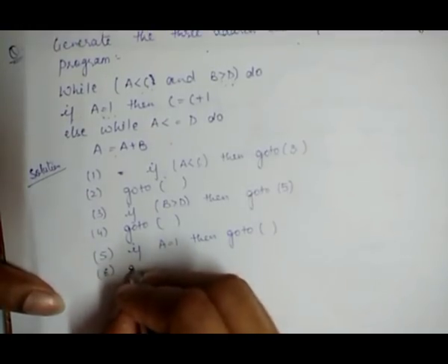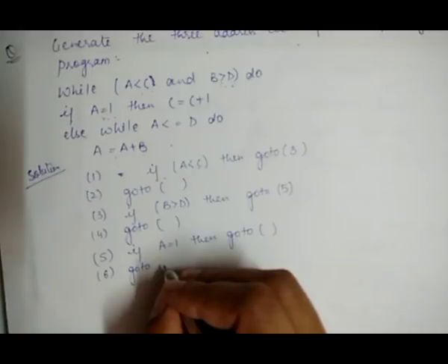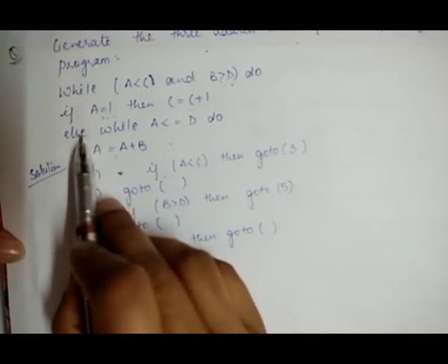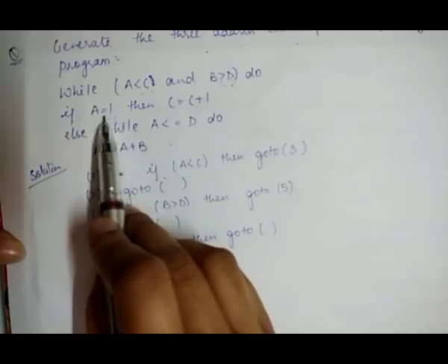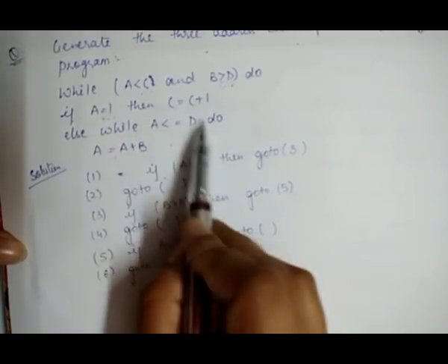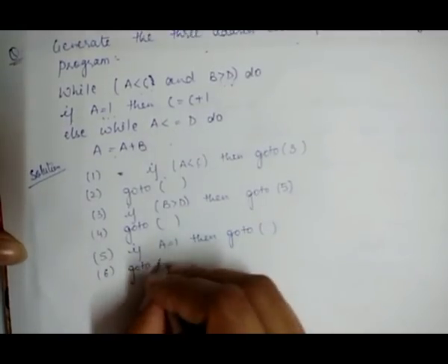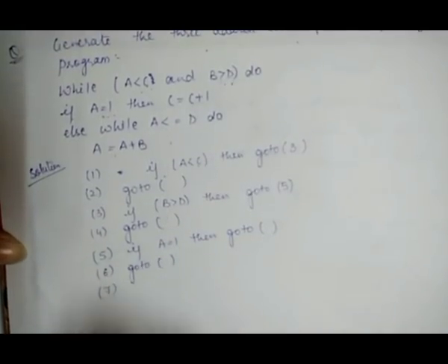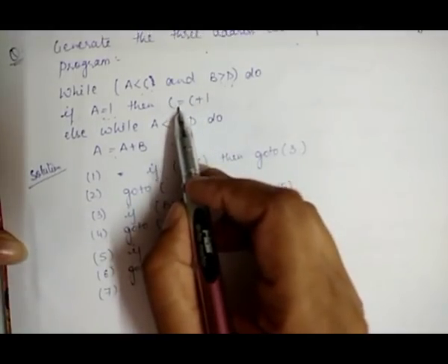Again, if a equals 1 is not true, then we go to the else part. That means we make that label where the other condition will be checked, so we leave it blank. Now if a equals 1, then we have to execute c equals c plus 1.